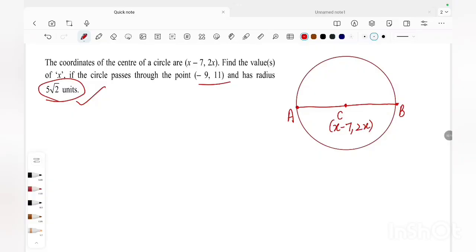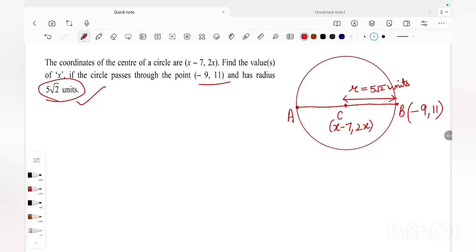Let it pass through another point, that is B point, let's say -9, 11, which is given to us. Coordinates are given. What else has been given to us? Radius. Suppose this radius BC and AC are equal. This is the radius which is equal to 5√2 units.